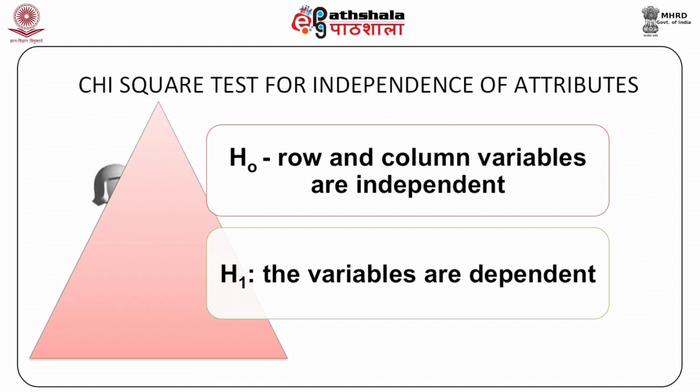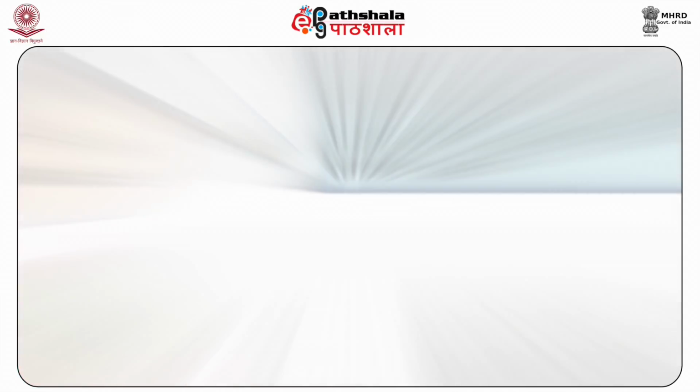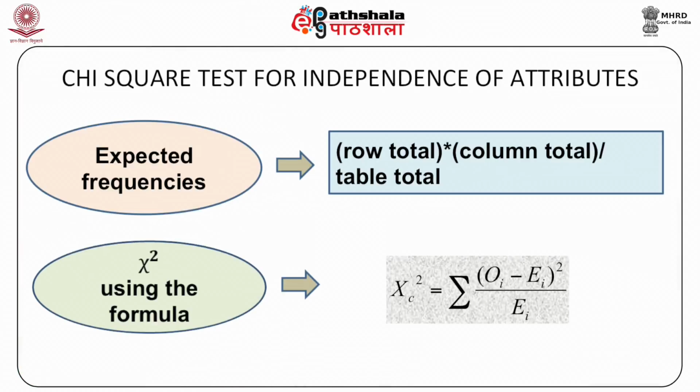Here, unlike the test of goodness of fit, only the expected frequencies are computed to arrive at the chi-square value. Second step, compute the expected frequencies given by row total into column total divided by table total.